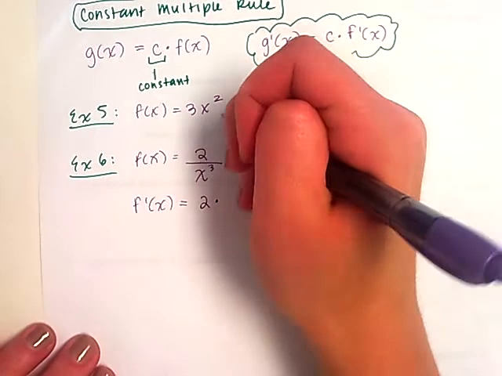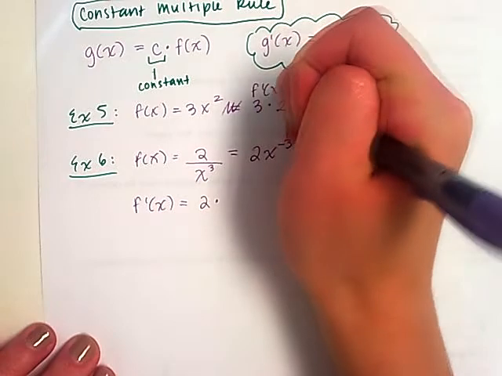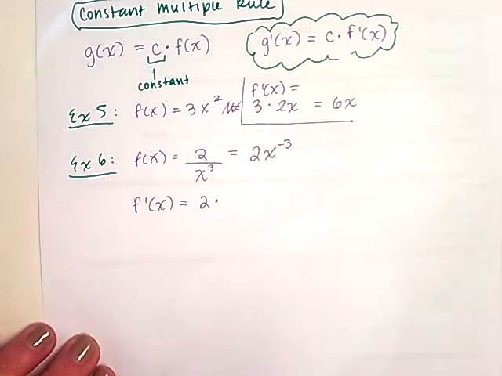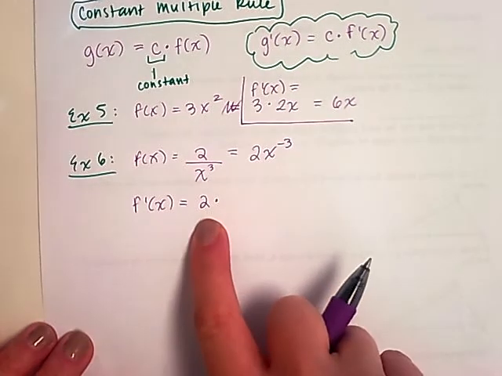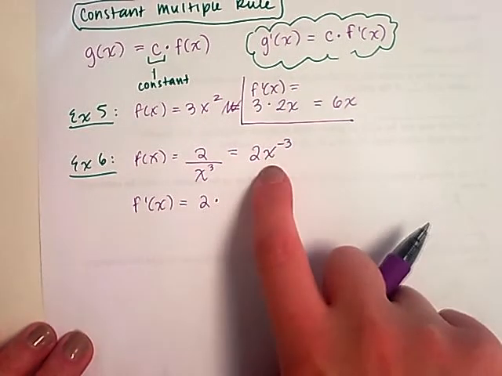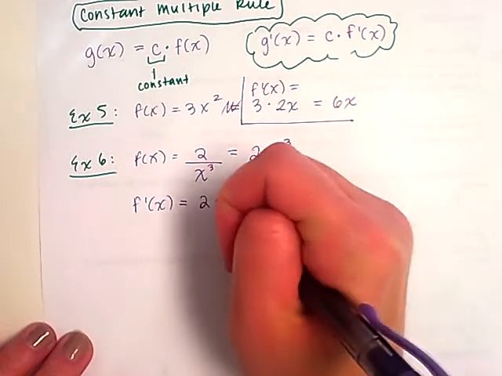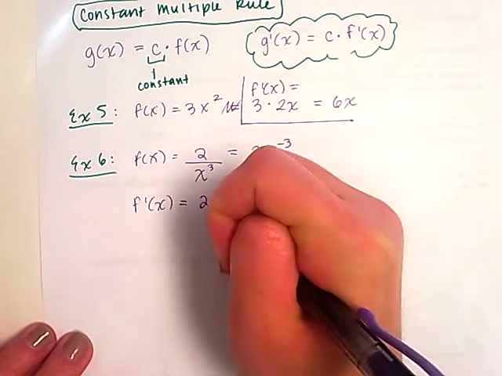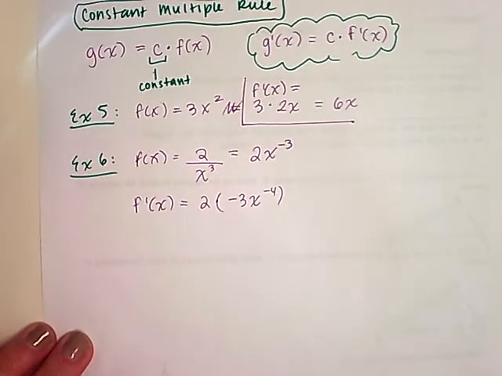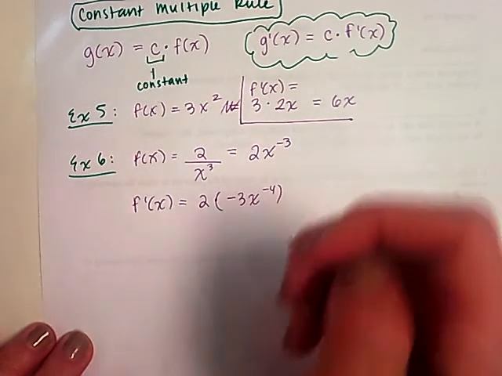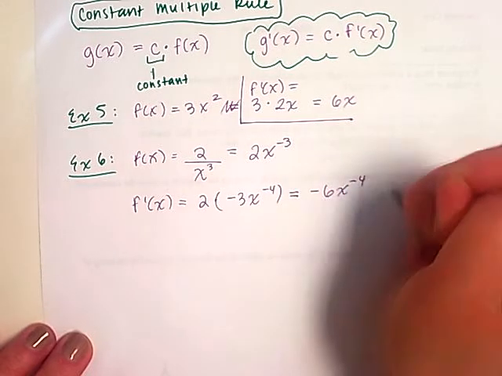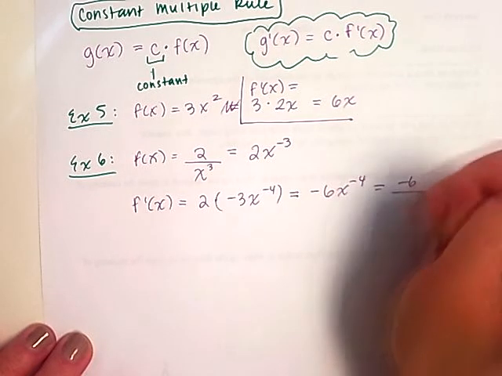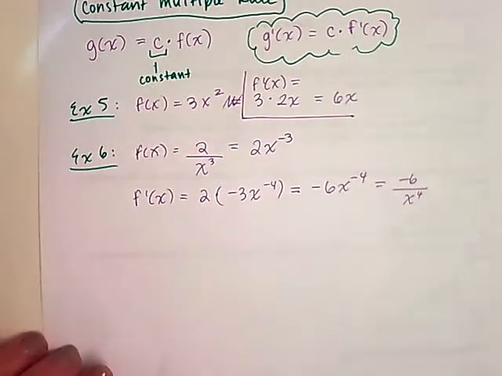This is actually f prime of x equals that part. Sorry about that. Anyways, back to this one. So we did 2 times the derivative of this function, which would be negative 3x to the negative 4. Multiplying that through, I would get negative 6x to the negative 4, which is the same as negative 6 over x to the 4th.